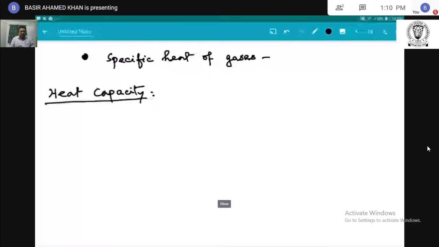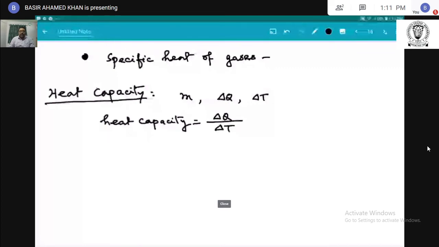That means if a material of mass m absorbs heat delta Q so that its temperature rises through delta T, then heat capacity is defined as delta Q divided by delta T. This is the heat capacity.